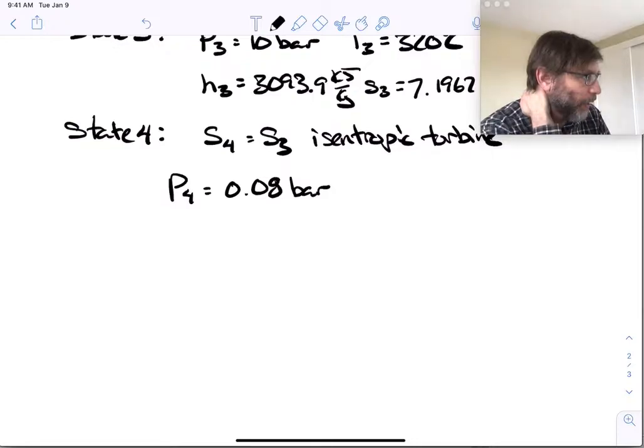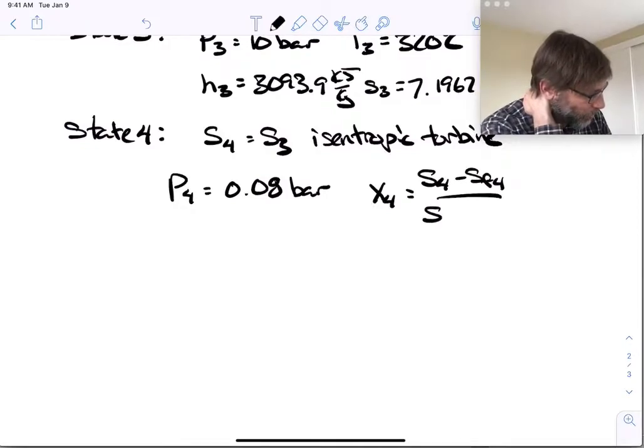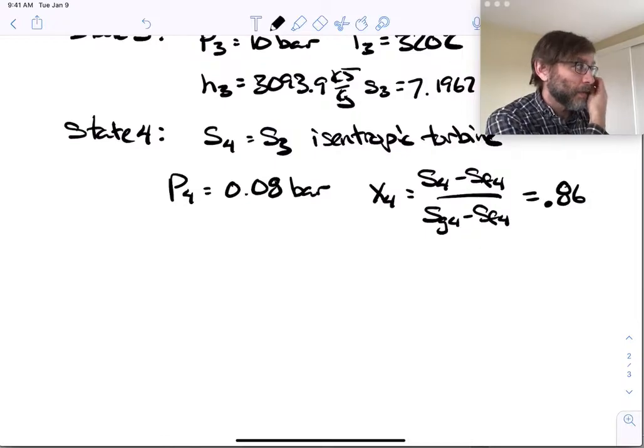And we know that if we just solve, X4 equals S4 minus SF4 over SG4 minus SF4. I'm not going to plug those in because you can figure those out for yourself. And so this ends up being 0.86, so 86% for X4.